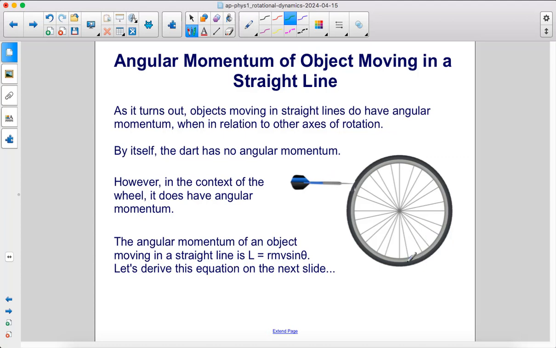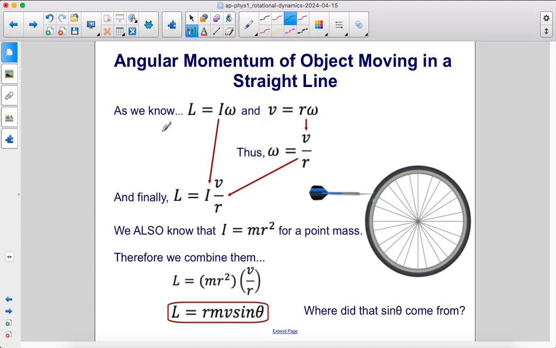The angular momentum of an object moving in a straight line is RmV sine theta. Let's derive this equation on the next slide. All right, so as we know, angular momentum equals I omega and V equals R omega. Thus, we can solve this for omega. We'll make it V over R. If we then plug that in for omega here, we get L equals I V over R. We also know that I equals mr squared for a point mass.